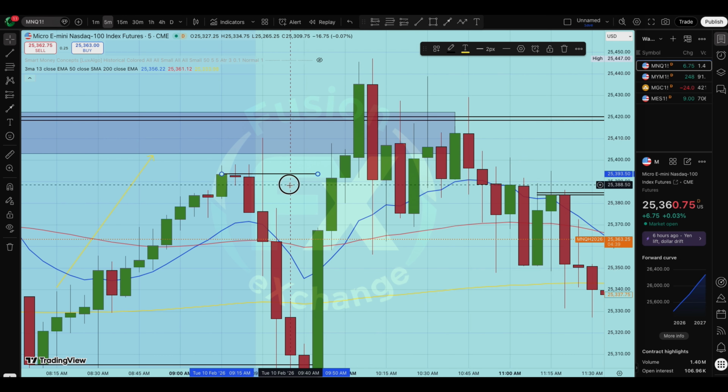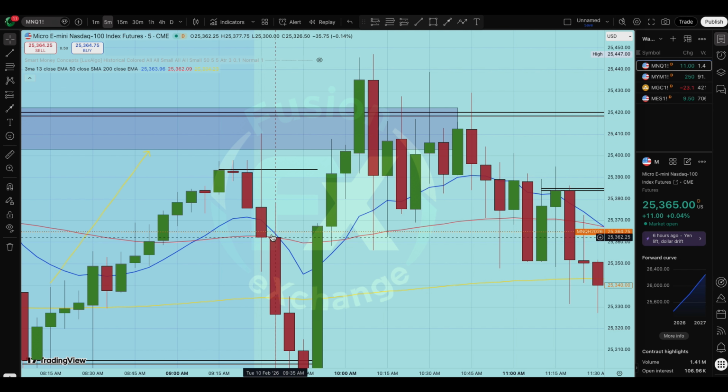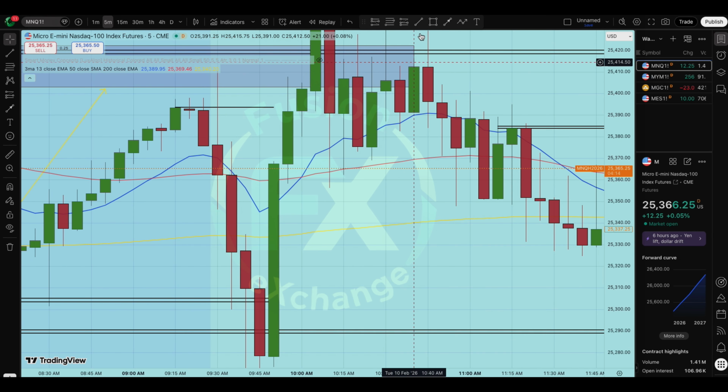Now we reject the zone at 9:30. First we have the rejection wick, which is a good thing, and then we close bearish because we want to sell. Ideally, you want your candle to close bearish. Then we close below the 13 MA and also the 50. So right now we are looking for entry.